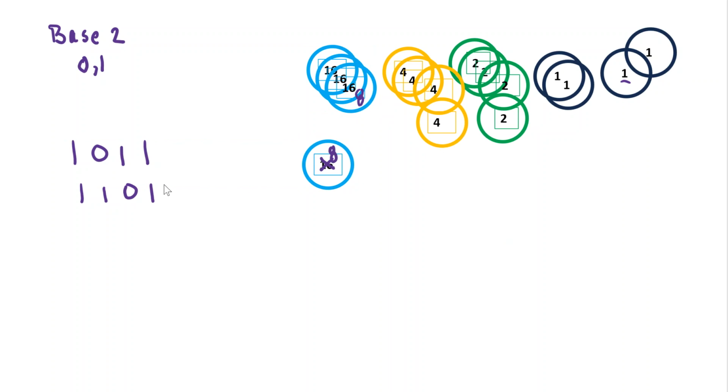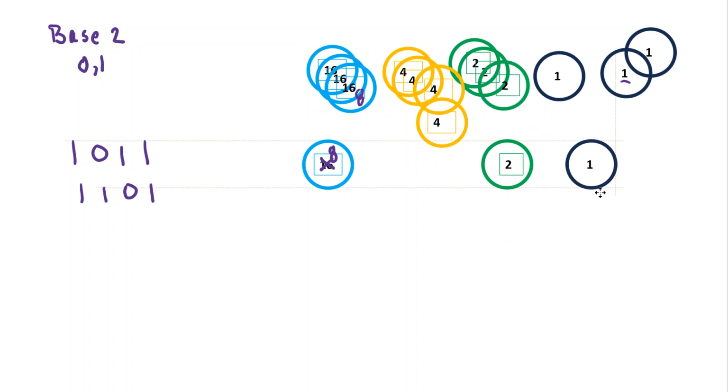I need no 4-cent pieces. I need a 2-cent piece. And I need a 1-cent piece. So this is the number 1011 in base 2. Looking in base 10, we can see that would be 8, 9, 10, 11. That would be 11 in base 10.